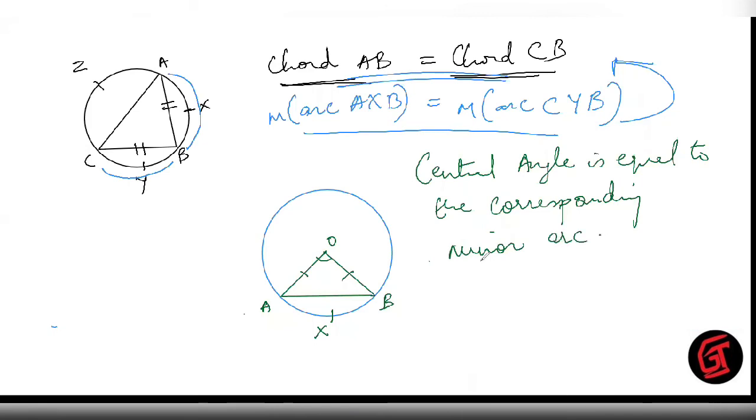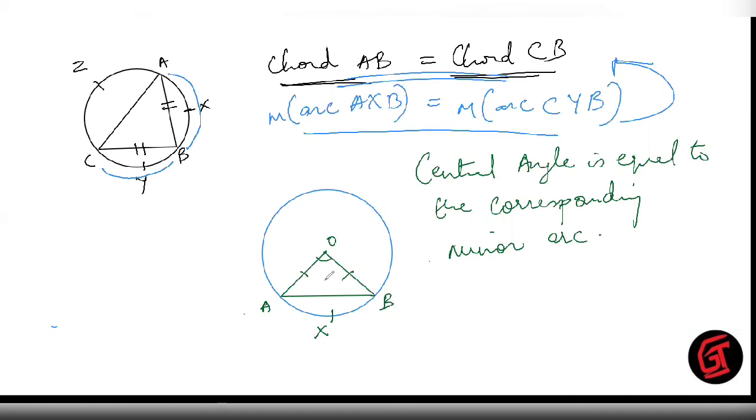This property is also called the definition of minor arc. Whenever we use this property in a theorem, we can give the reason as definition of minor arc, or we can give the same reason which I have written on your screen: central angle is equal to the corresponding minor arc.